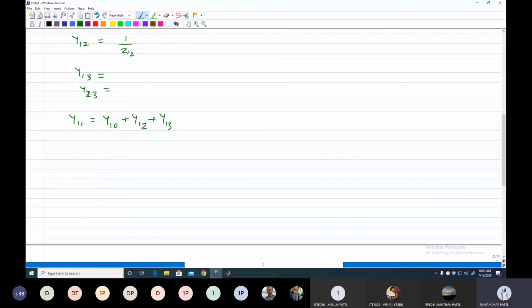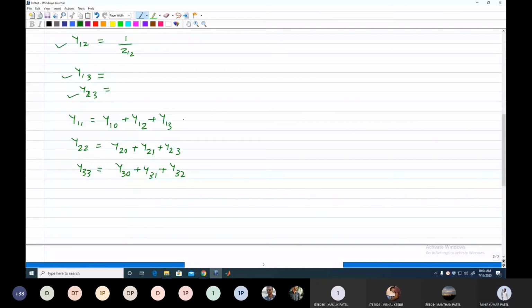Same way y22, y20, 21, 23. Clear? And the last diagonal element is y33, which is y30, 31 and 32. Clear? So just quickly calculate the value of each parameter: 1,2, 1,3 and 2,3.